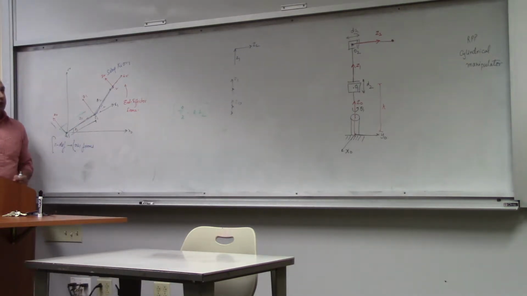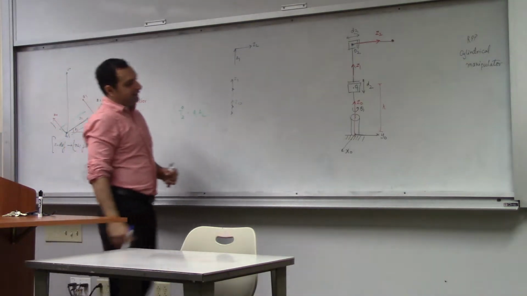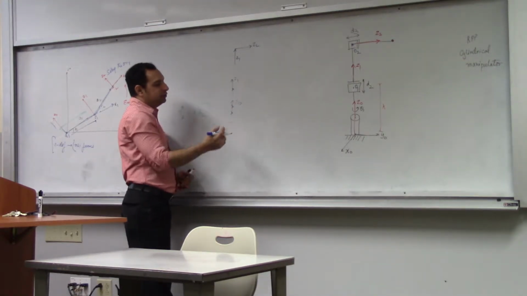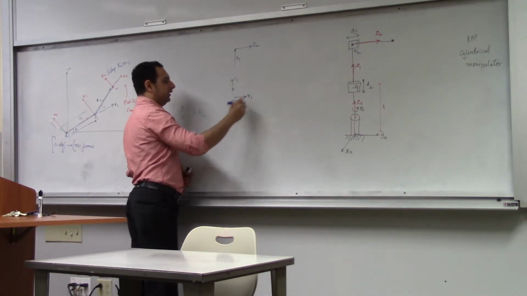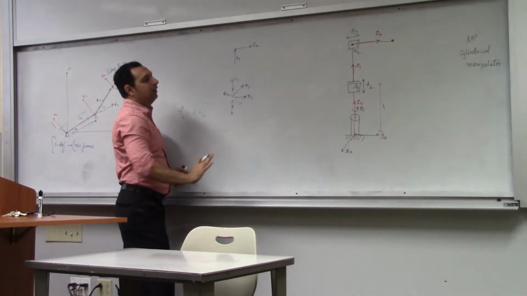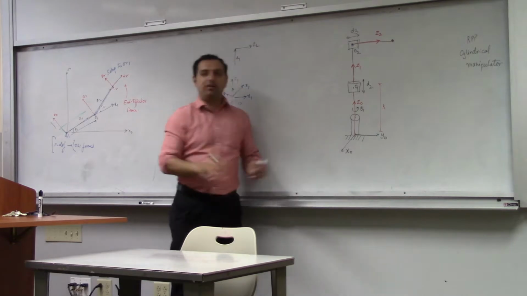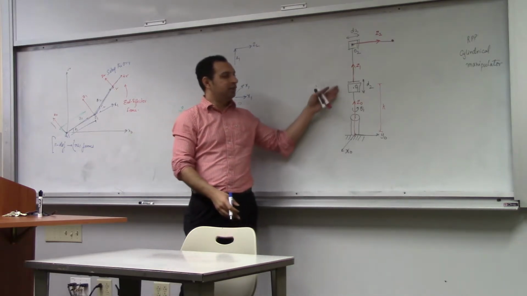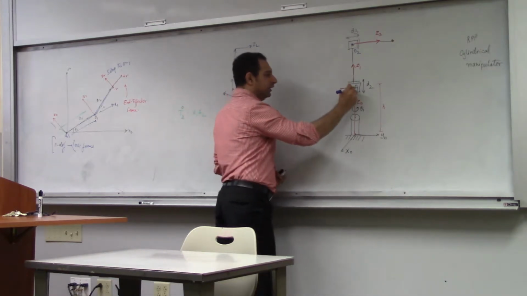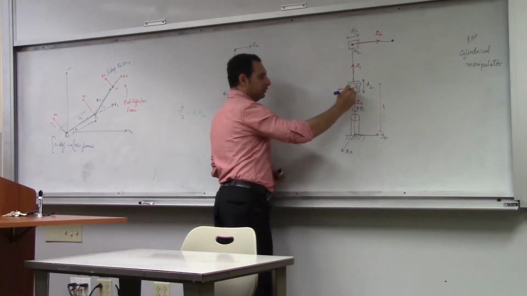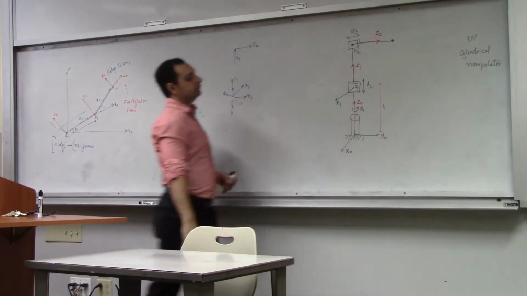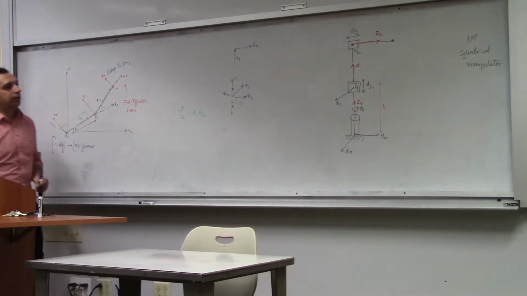Now, I need to select an x-axis. Because these two are collinear like this, I can choose an x-axis either like this, x1, any way I like. What I'll try to do is, when you have an option, choose it parallel to the previous axis so we don't have to obsess about the angle. So in this case, I'll choose x1 exactly parallel to this. All right.